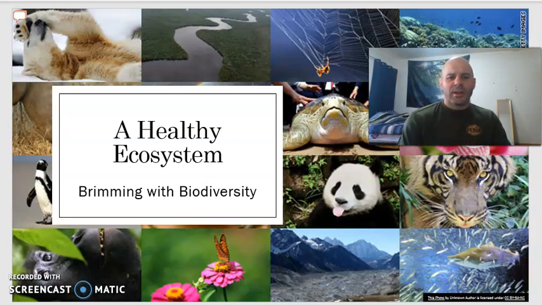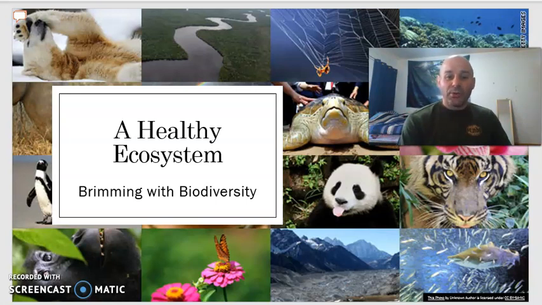So think about it like this. If there was only one type of plant living in a certain environment and one type of animal that only ate that plant, the slightest change would probably end up wiping out the whole food chain.